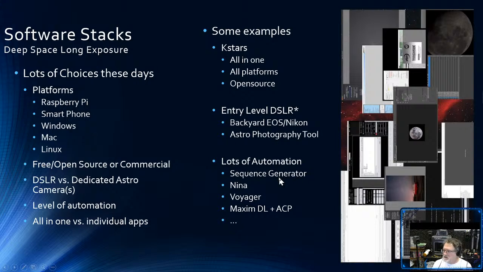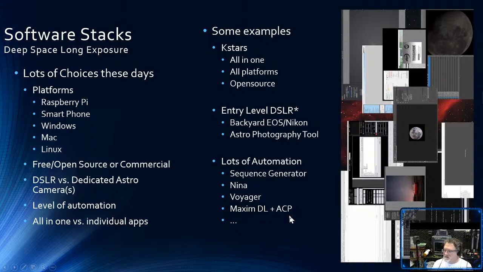Examples would be Sequence Generator, which I mentioned and which I'll be demoing tonight. There's a newcomer, open source, N.I.N.A., that's very popular. Bruce is going to be, for the first time, I think, using Voyager tonight. And then there's kind of an oldie but a goodie, right?